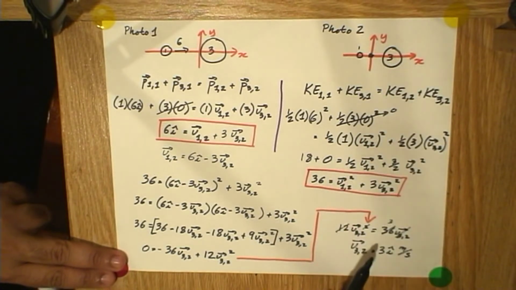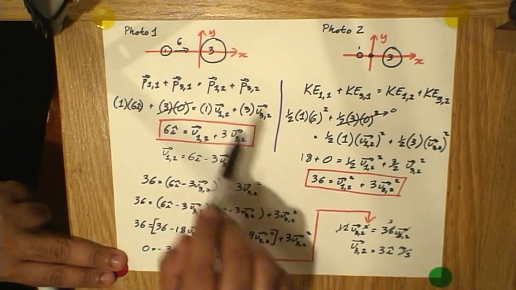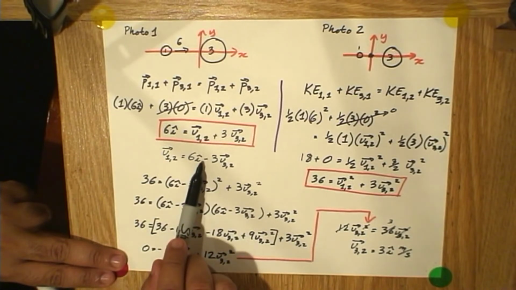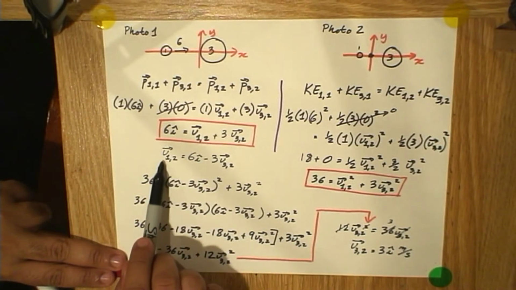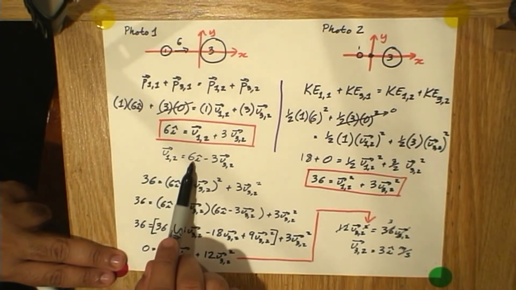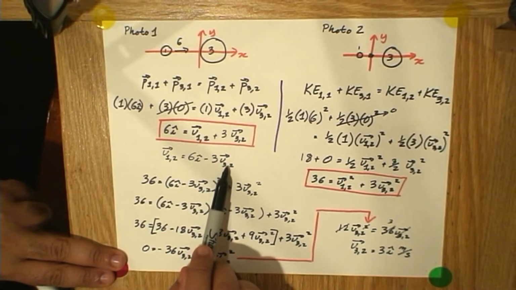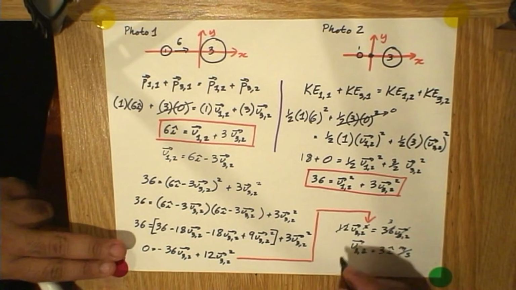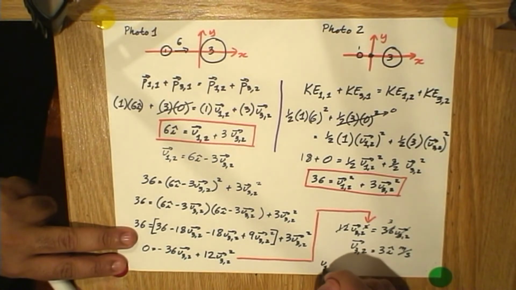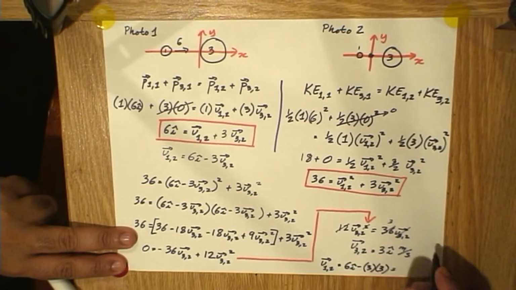And we can easily find the velocity of the 1 kilogram object using this equation back over here. Remember how I said that v12 is equal to 6 I hat minus 3 v32. We know that v32 is 3, so that means that v12 is equal to 6 I hat minus 3 times 3, which works out to negative 3 I hat meters per second.